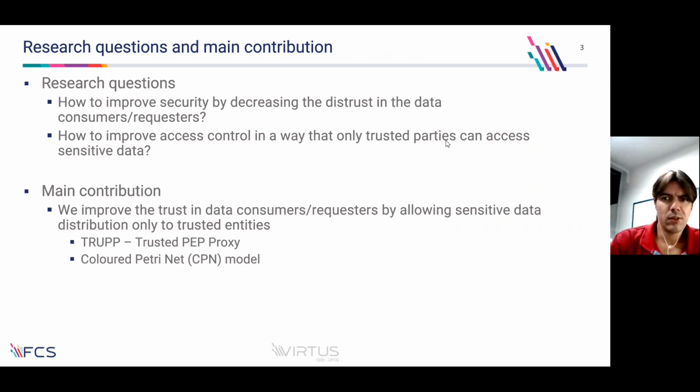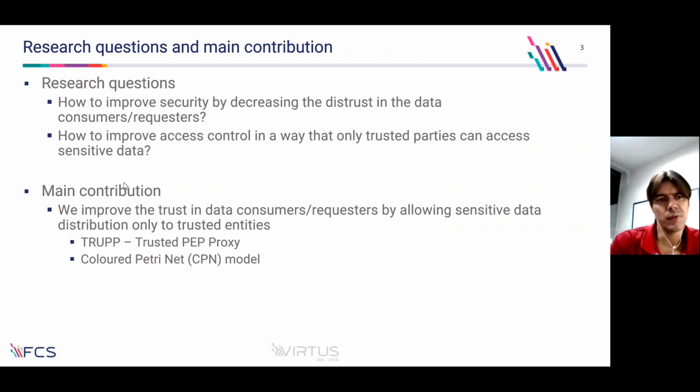By trusted parties, we are referring to the parties that run inside a trusted execution environment. So we are requiring that our consumers, our data requesters, run inside trusted execution environments. That means that we will have confidential computing, so data during processing will be protected.